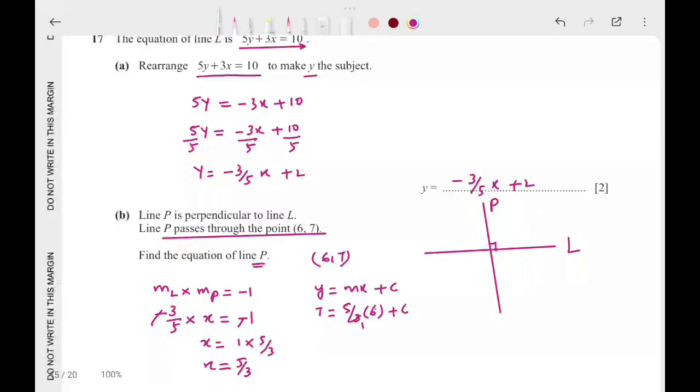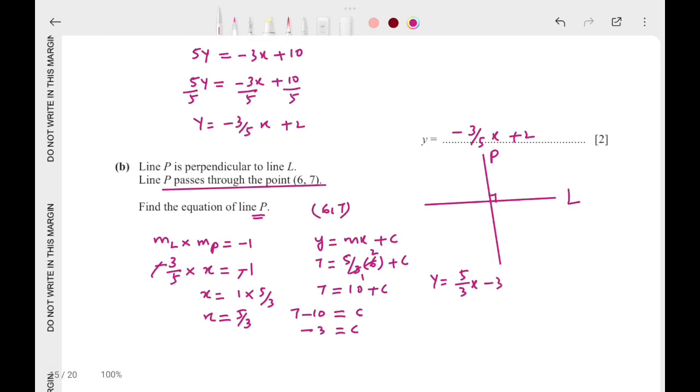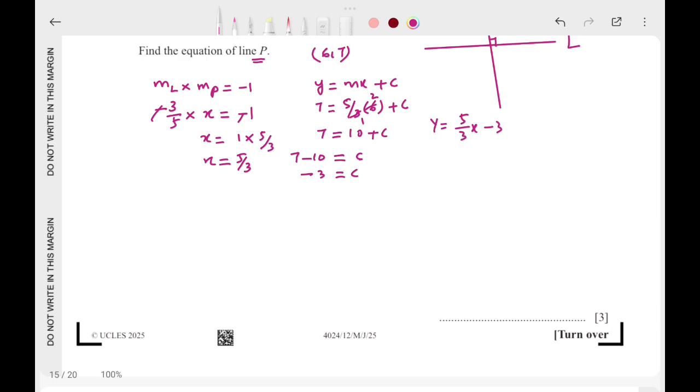So 3 ones are 3, 3 twos are 6, 7 is equal to 10 plus c, and c would be 7 minus 10, so the y-intercept would be minus 3. So the equation of the line would be y is equal to 5 over 3 x minus 3. This would be the answer. y is equal to 5 over 3 x minus 3.